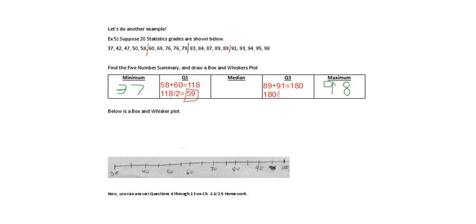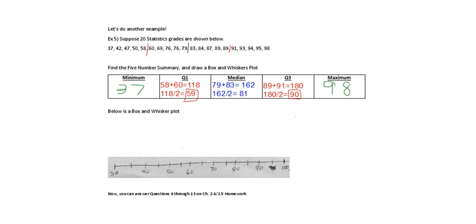And then 180 divided by 2 is equal to 90. So Q3 is equal to 90. And now for the median, we're going to do 79 plus 83, which is equal to 162. And then we'll do 162 divided by 2, which is equal to 81.